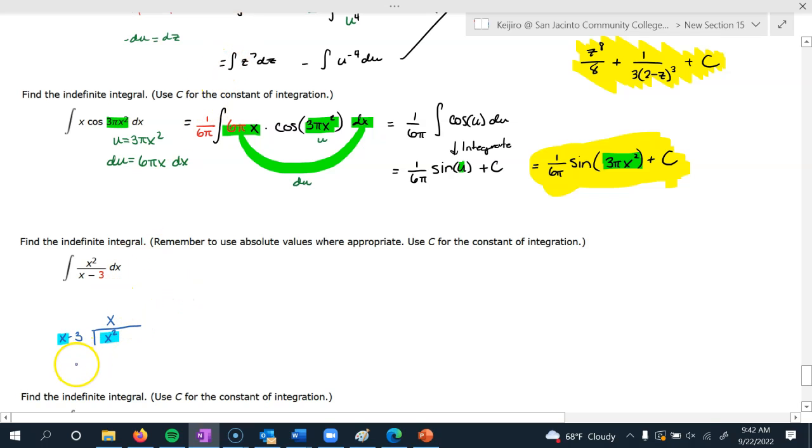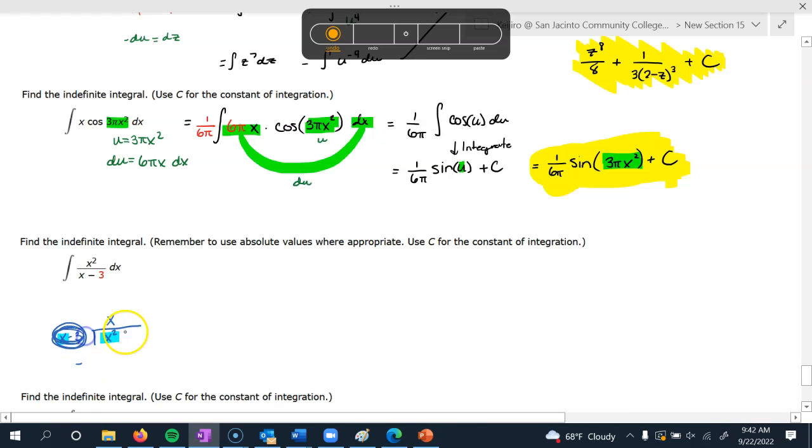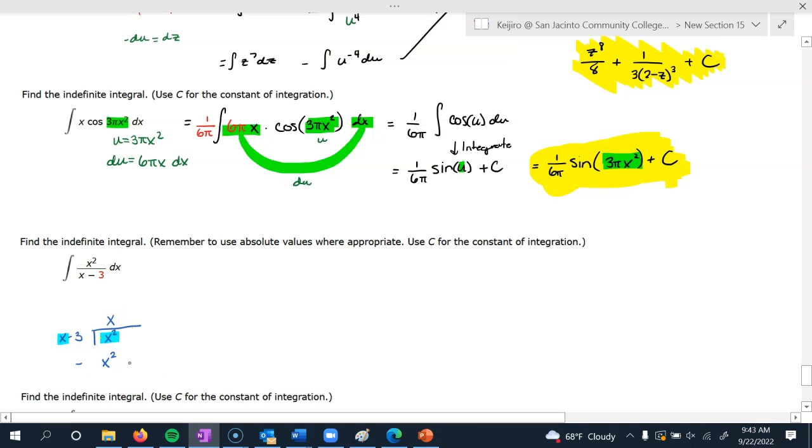And so we're going to subtract x of these. We're going to subtract x squared, and we're going to subtract negative 3x. So we're really going to add 3x.